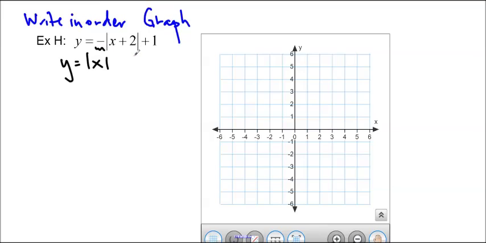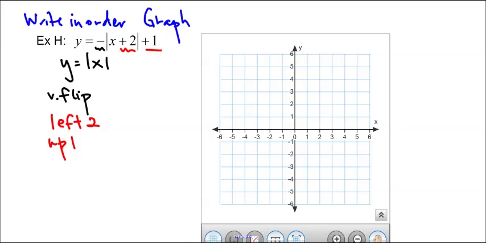It's got the negative, so the vertical flip. We've got the +2, and it's on the inside, so you think +2 should be to the right, but it is to the left, because it's against your intuition. And then this +1, which is outside the brackets, is intuitive, it does what you think it should, and it goes up 1. Okay, you're just going to have to memorize that order.